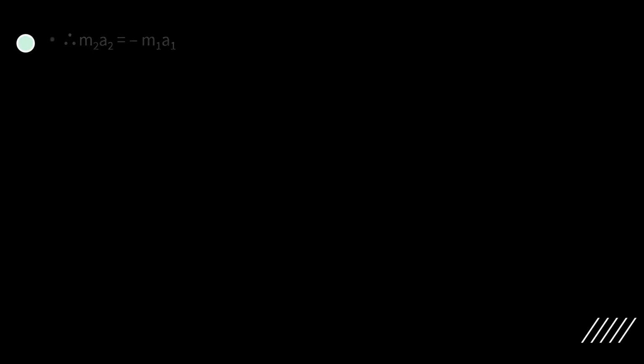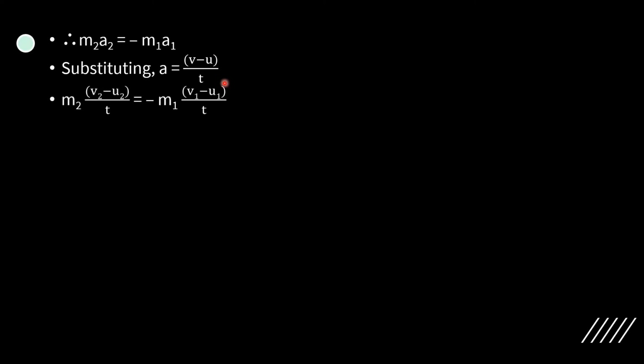When we solve this further, that is m2 a2 is equal to minus m1 a1, we know acceleration a is equal to v minus u upon t. So substituting for those two objects, m2 into v2 minus u2 upon t. The time is going to be the same for both, that we know very well, and minus m1 into v1 minus u1 upon t.